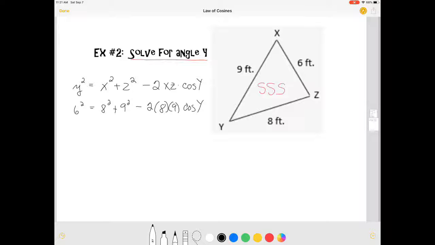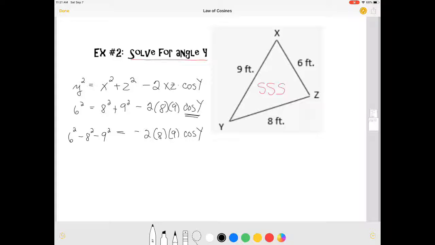Now, what you want to do next is isolate this cosine of y. So you've got to move all the numbers to the other side. So we're going to have the 6 squared. First, I can bring over the 8 squared and the 9 squared. Equals negative 2 times 8 times 9 times the cosine of y.